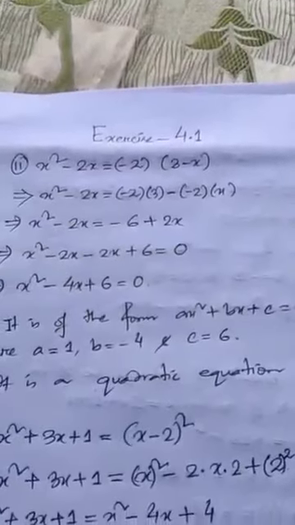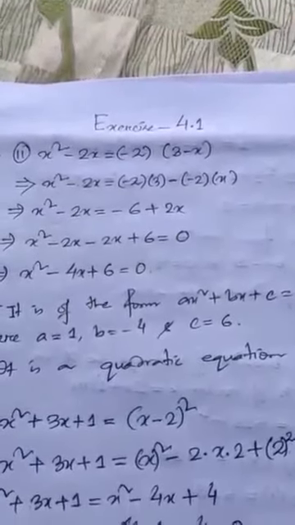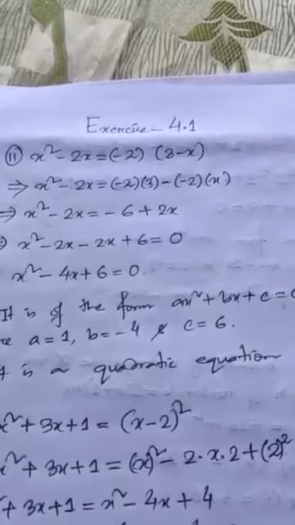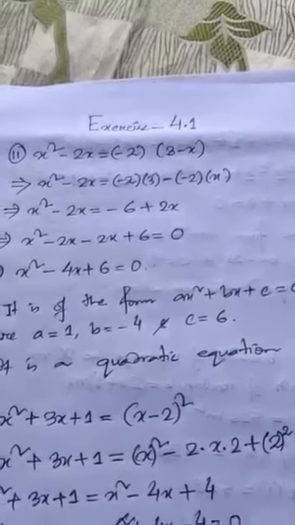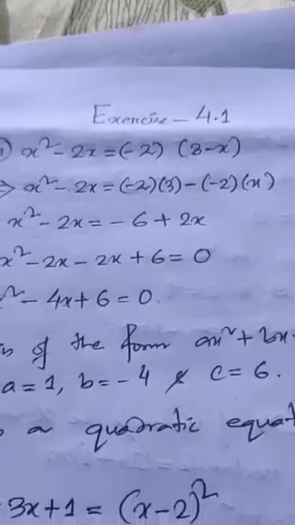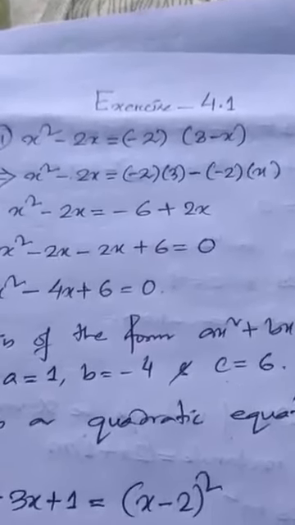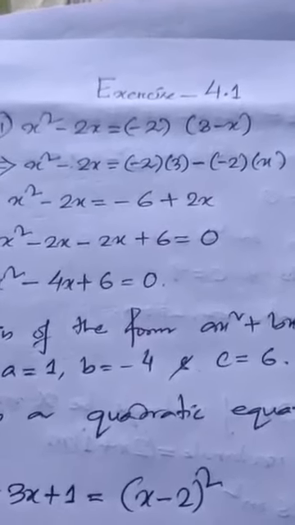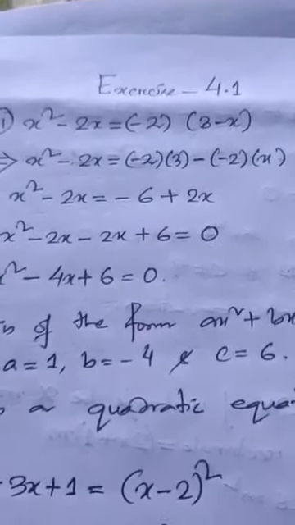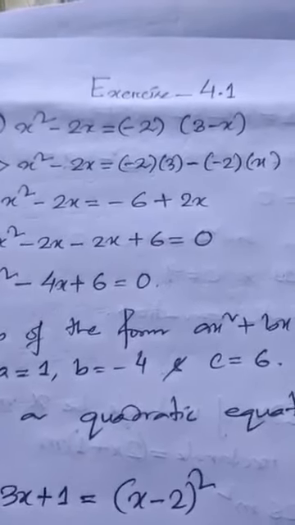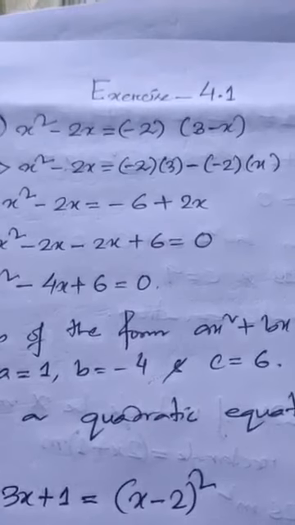If you see here what I did, on LHS we have x square minus 2x. I have written this as it is, and on RHS we can just multiply them. So I have multiplied minus 2 with 3, then that minus sign is from that x.